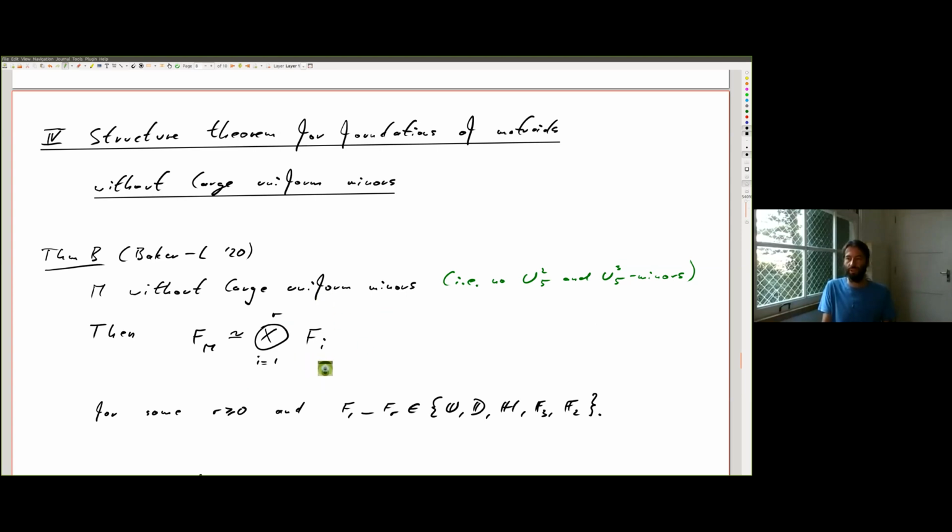where the pastures Fi are of one of the 5 types. It's either the near regular partial field U, the dyadic partial field D, the hexagonal partial field H, the finite field with 3 elements F3, or the finite field with 2 elements F2.